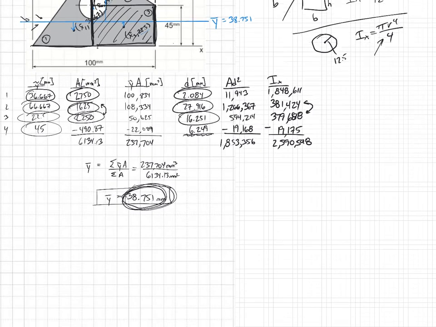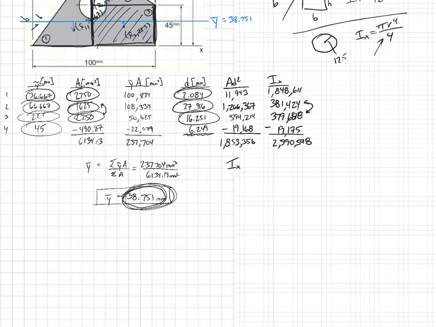Okay, so your IX around the centroid, which is usually written like this, everybody does it a little bit differently. So it's going to be the summation of the local bending moments of inertia, plus, you got to deal with the parallel axis theorem. The fact that these things are not being bent around their local centroidal axis.